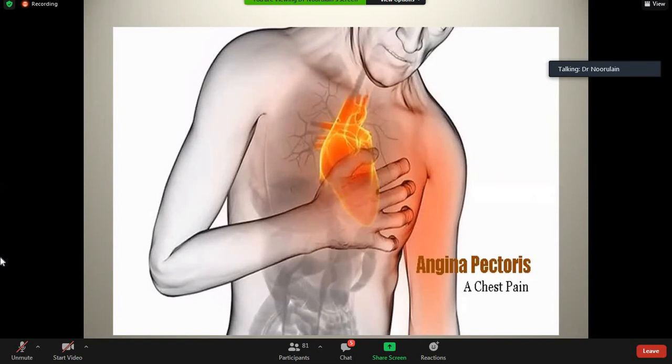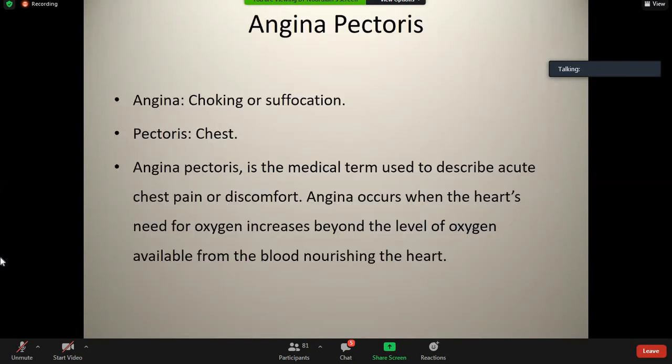Coming to angina pectoris. Angina pectoris is chest pain. We already discussed angina is suffocation or choking, or pain, and pectoris is chest.